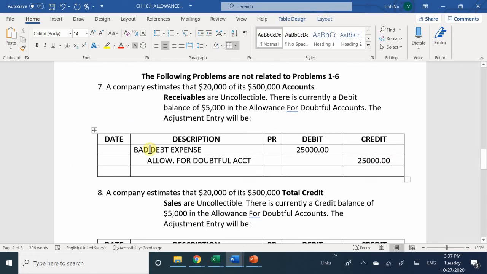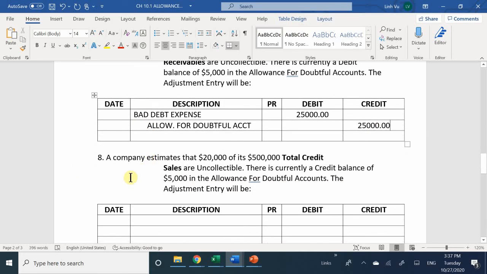So question number 8 says, a company estimates that 20,000 of a 500,000 total credit sales is uncollectible. There is currently a credit balance of $5,000 in the allowance for doubtful accounts.